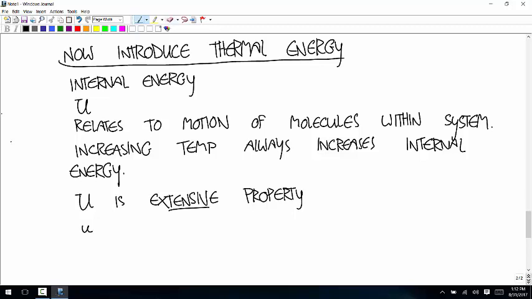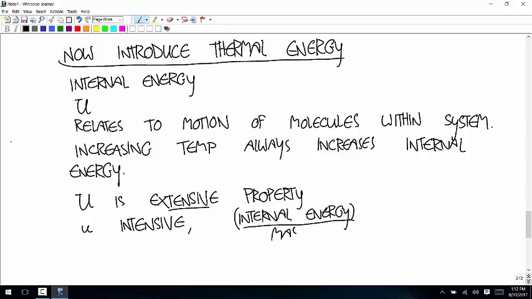Lowercase u is the intensive property, and that's the internal energy per mass. And then we'll also use lowercase u over bar.